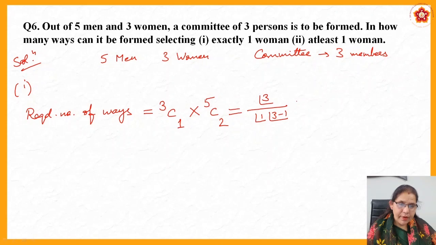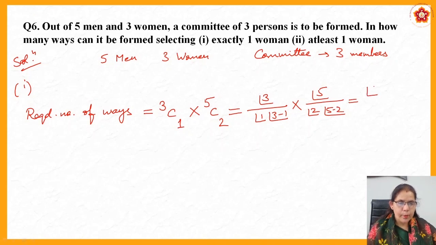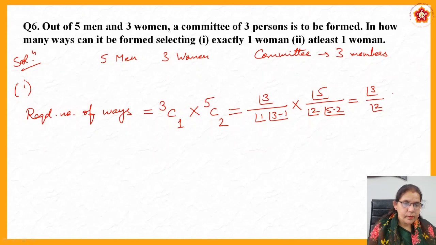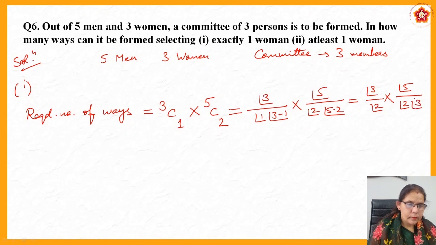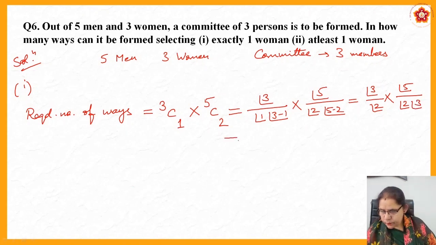Factorial 3 upon factorial 1 into factorial 3 minus 1. And here it will be factorial 5 upon factorial 2 into factorial 5 minus 2. Solve it, and just check what is your answer.